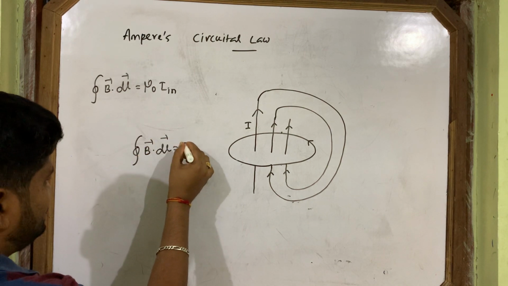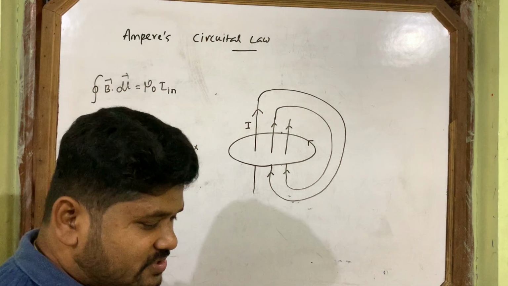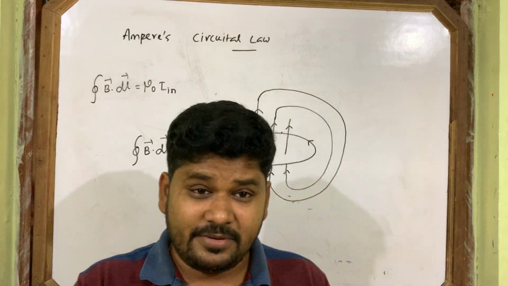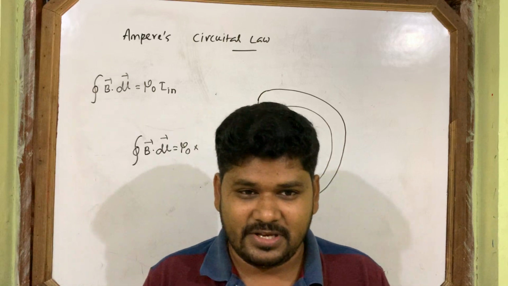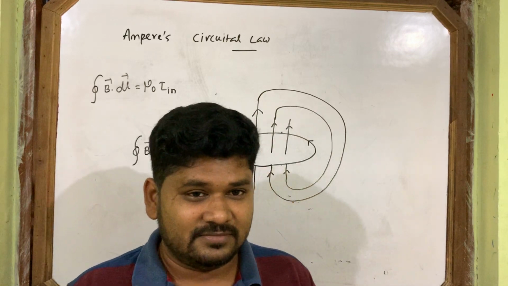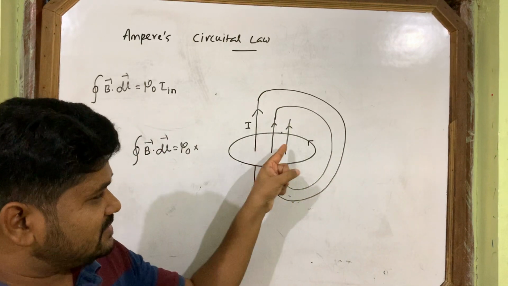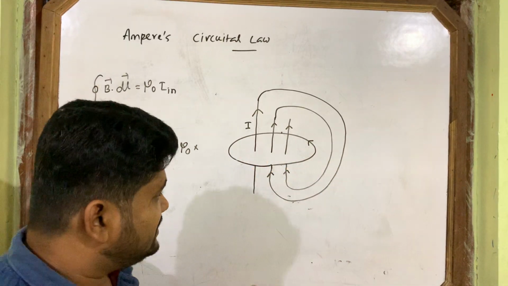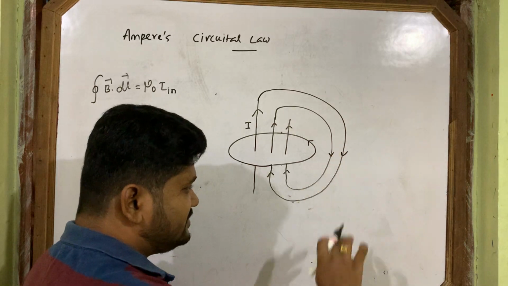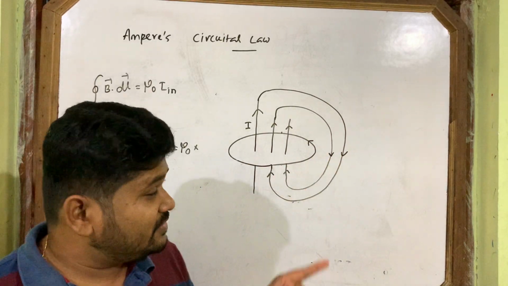B dot dl equals mu naught into how much? Pause the video here and work out the answer. Then when you write the answer, you check whether you are right or wrong. How many times does that current pass? This is a loop. The loop is not extended to this side. Current comes downward this side, but there is no loop. The loop is only here.